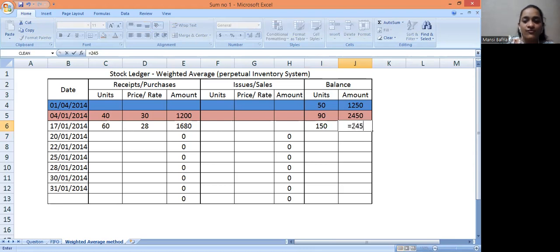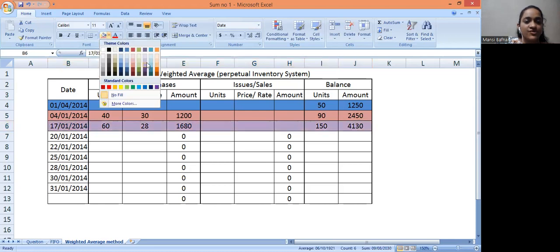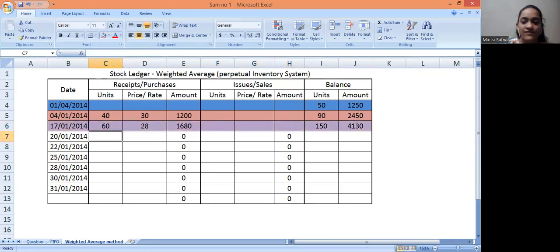You have 2450, your previous balance, plus 1680, your additional purchase. So you will get 4130 rupees as your total balance. So you have a stock of 150 units costing rupees 4130 on 17th of January 2014. This is your transaction for 17th of January.